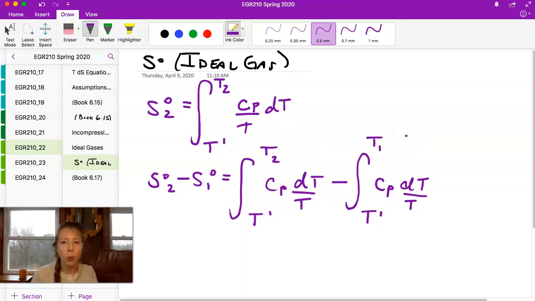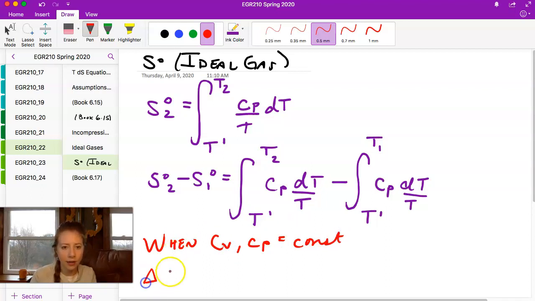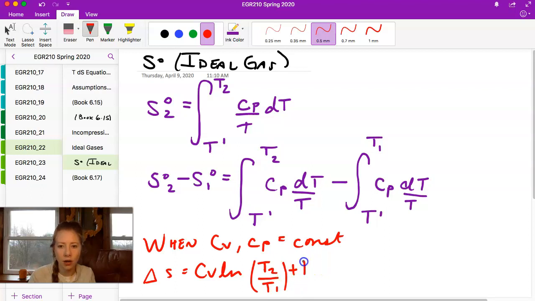So when Cv and Cp are constant, you get delta S is equal to Cv times the natural log, so that's a subscript V, of T2 over T1 plus R times the natural log of V2 over V1.